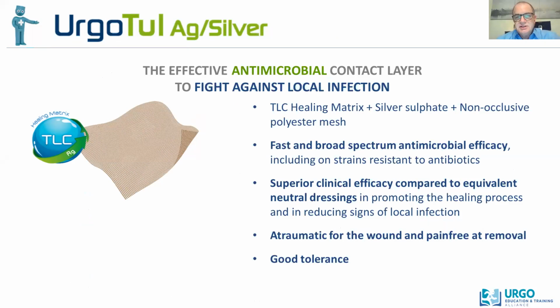The other dressing is the Urgotul AG Silver, which is very similar to Urgotul because it's again the TLC technology. However, now we have added silver sulfate, so you can use the Urgotul in non-infected wounds and the Urgotul AG when you have an infected wound or wounds which are prone to wound infection as well.